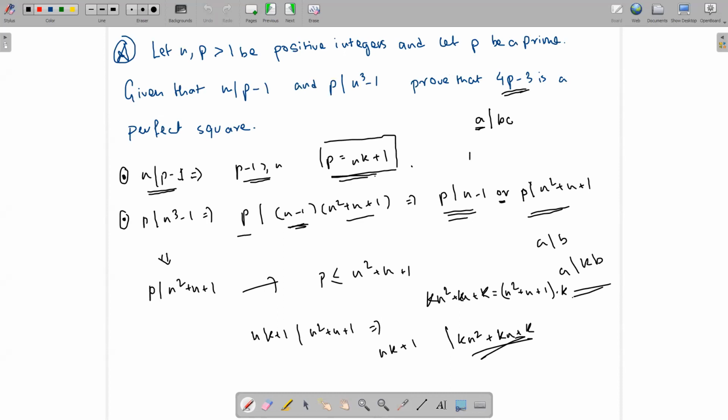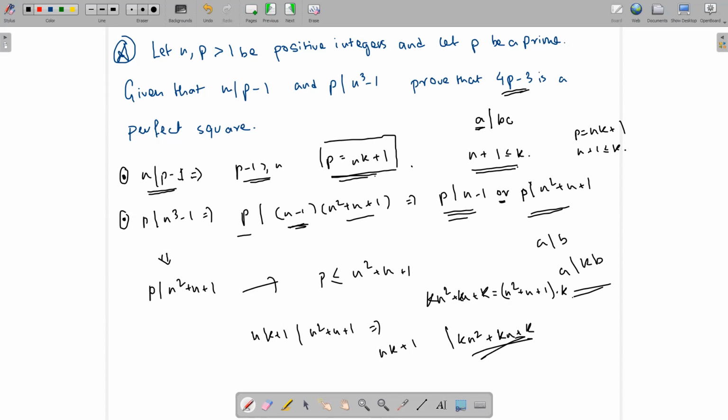We got n plus 1 less than or equal to k, right? So what does this mean? We had this, P is equal to nk plus 1, and we got n plus 1 less than or equal to k.